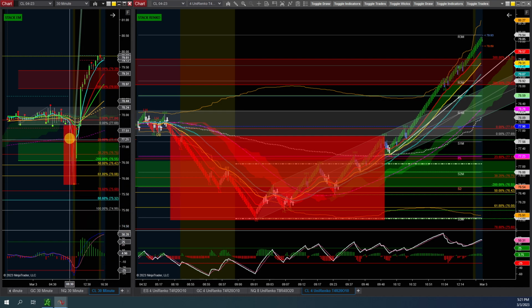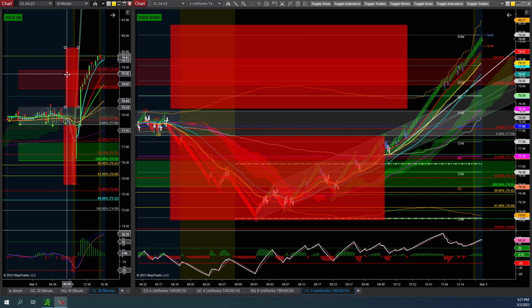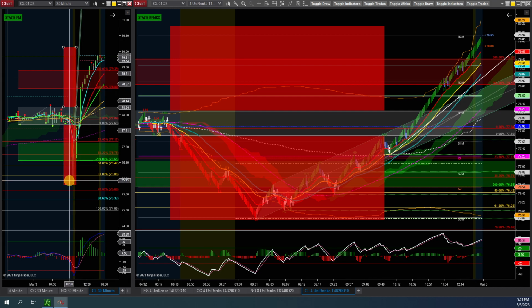Now I'm gonna duplicate this one, and then I'm gonna move it from here to there. You see that that move is almost the same as that move up there. So pretty incredible. Very nice symmetry right there, I would say. It went from the down to the up, and it's still respecting the range in there.